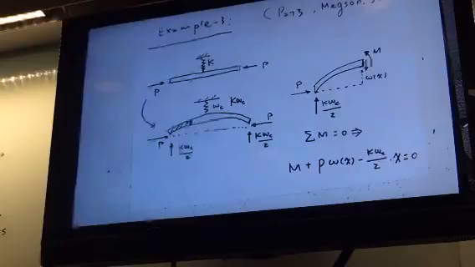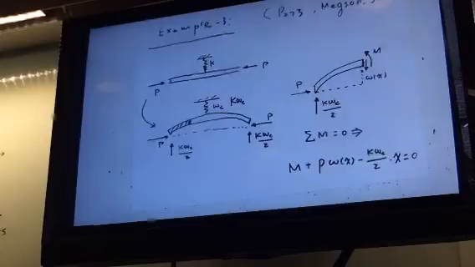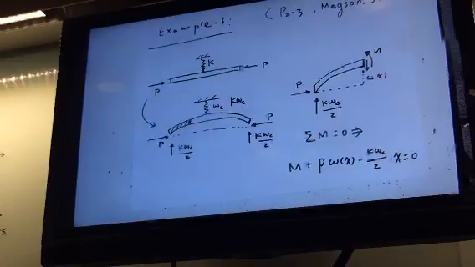You just take one segment of this column and plot the force and the moment acting on that column. You do the moment balance and the force balance. This is that segment, and this is the force and the moment acting on it, and then do a moment balance about this cross section, and this is the equation we have.